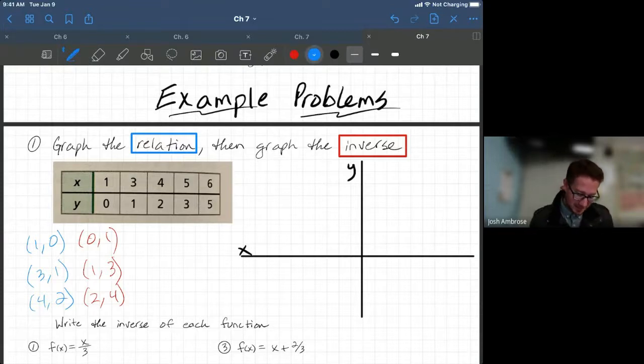It is that easy. Graph the original: (1, 0), there's a dot, (3, 1), and (4, 2). Then let's do the inverse relation: (0, 1), (1, 3), and (2, 4).